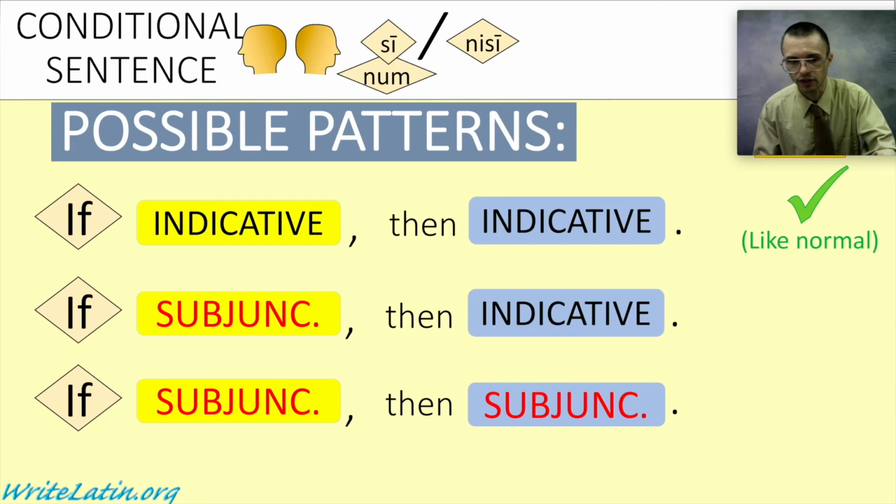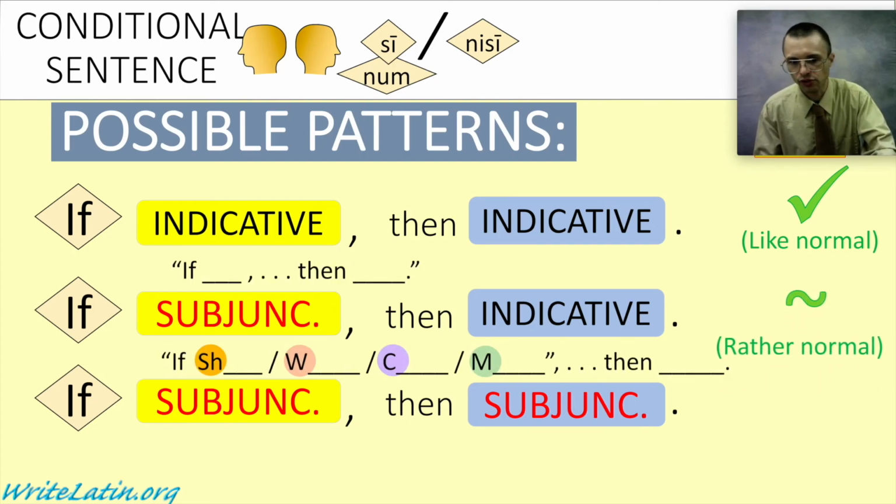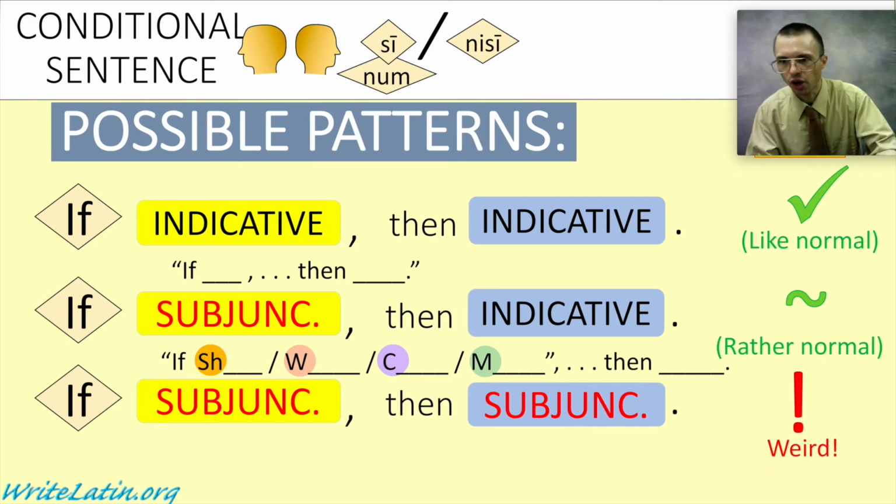You've been doing it all along. The second one is also like normal, where you're just going to use your SH, WC, or M words for the subjunctive. And then you'll just translate the indicative like a normal indicative. So, you can expect that. But this last one here is weird. And it's almost always going to be the SH form, then the W form. If should, then would. Or if shall, then will.